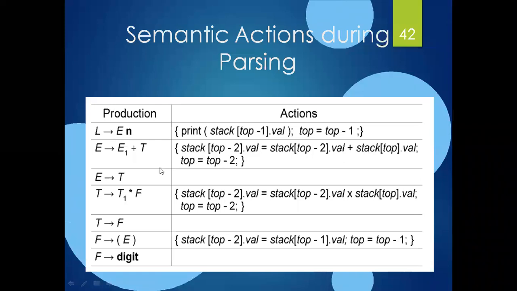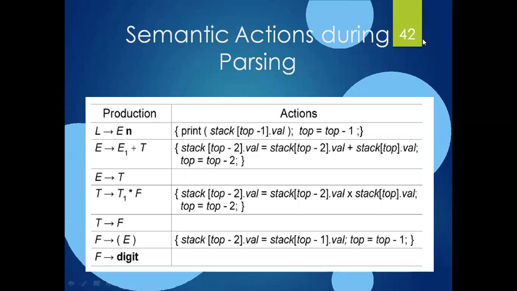Is it clear now? And what it means, E is equal to T or T is equal to E, whatever it may be, no need to bother. And this is suitable for the corresponding production rule, E tends to T. This is top is equal to top minus 2, right?